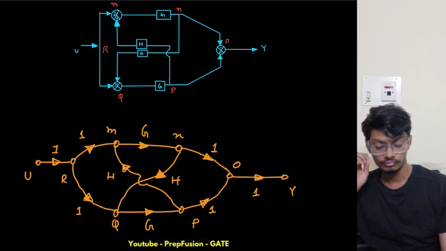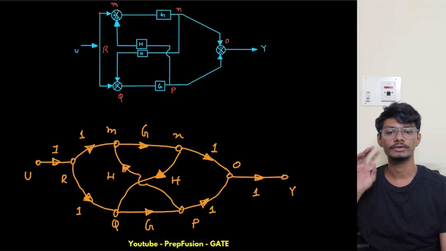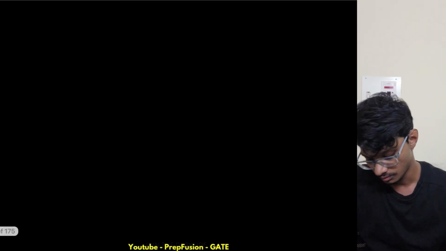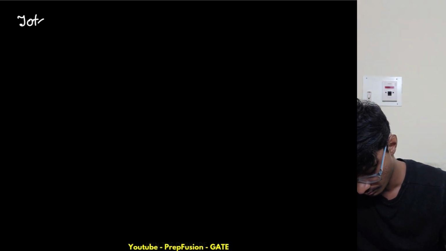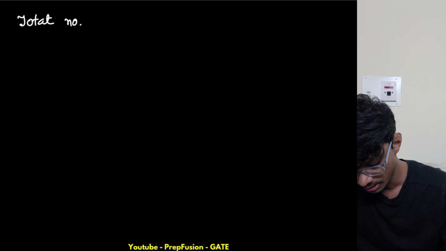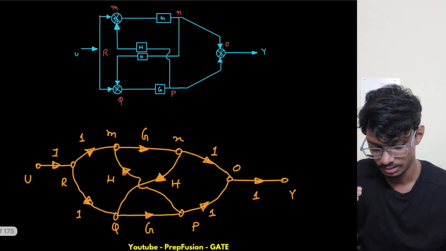So how many total forward paths do we have? We have 4 forward paths. This one I will solve slowly, because this is a big SFG.